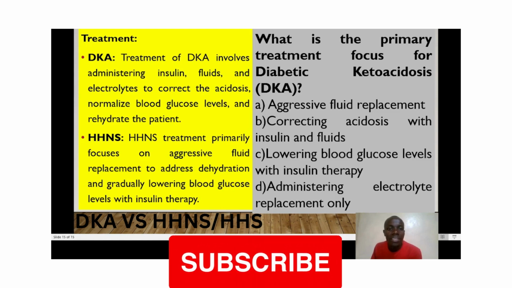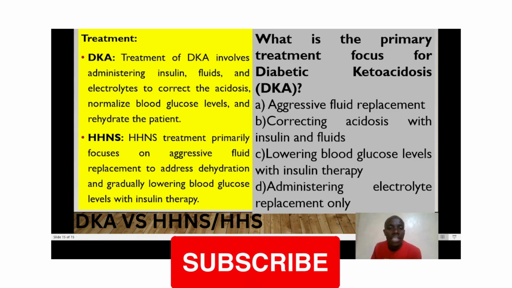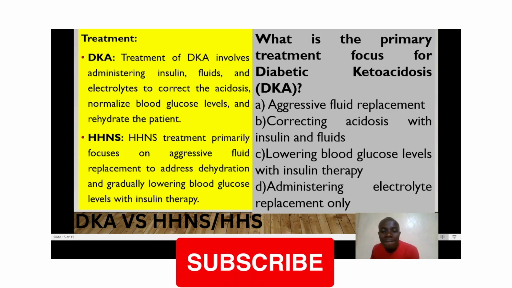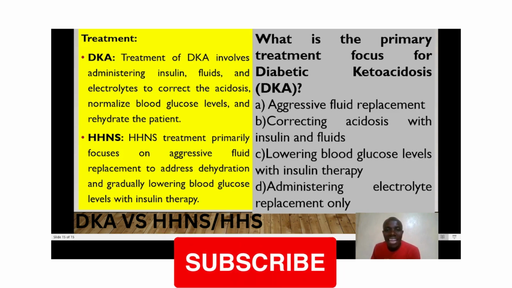HHNS treatment primarily focuses on aggressive fluid replacement to address dehydration and gradually lowering blood glucose level with insulin therapy. So what is the primary treatment focus for DKA? Yes, correcting acidosis with insulin and fluids.